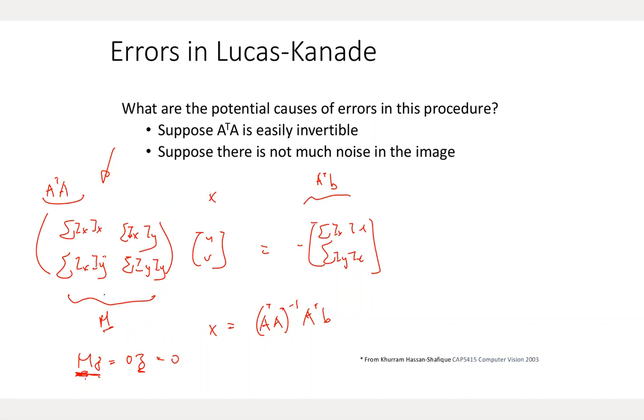As you can see, if you look at the equations here, this is also an intuitive connection to whether this will give you a reasonable solution. Let me repeat: if this place here, xy, corresponds to some smooth or edge region, then I will have one of the eigenvalues equal to 0, right?